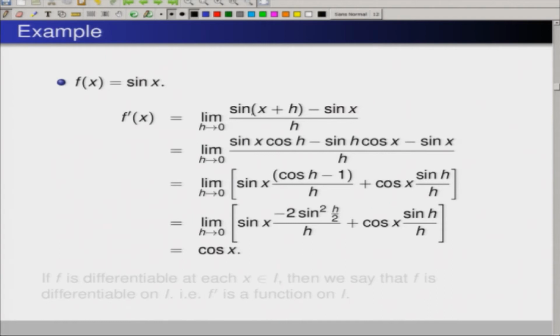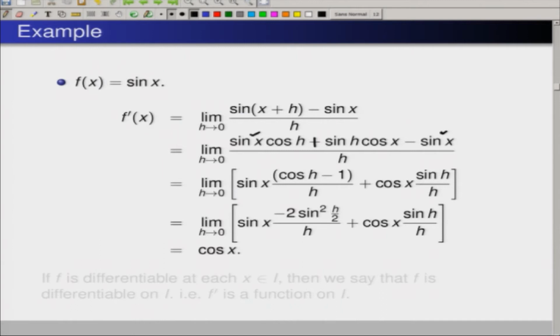So this is the limit as h goes to 0 of sin of x plus h minus sin x, divided by h, that is the Newtonian quotient. Now we have the formula for sin of a plus b. If I apply that, this is going to be sin x cos h plus sin h cos x minus sin x. If I take sin x common, this is sin x times cos h minus 1, divided by h, plus sin h by h times cos x.